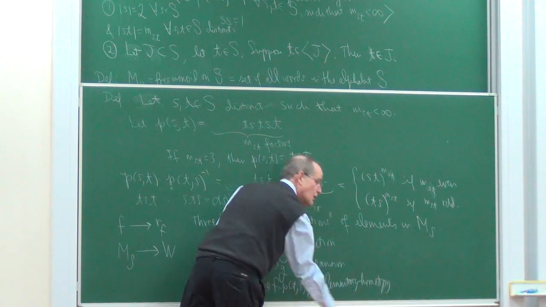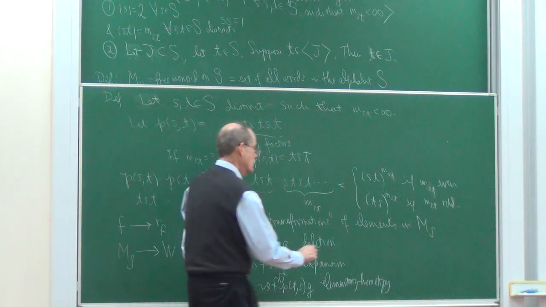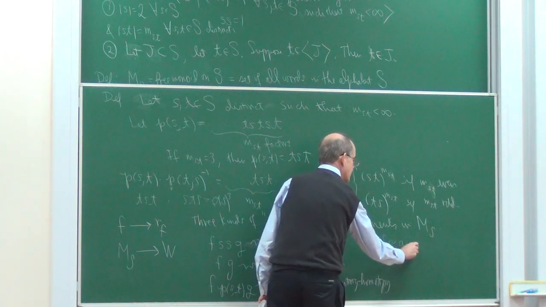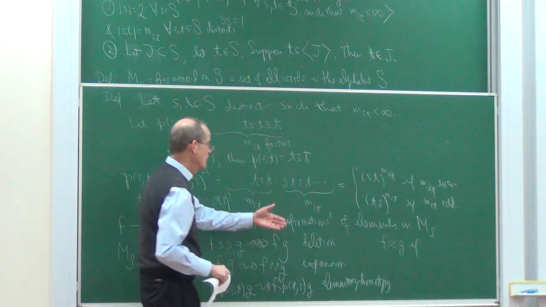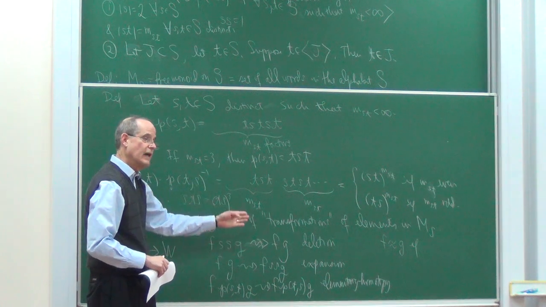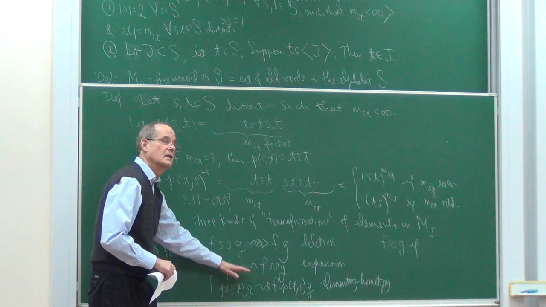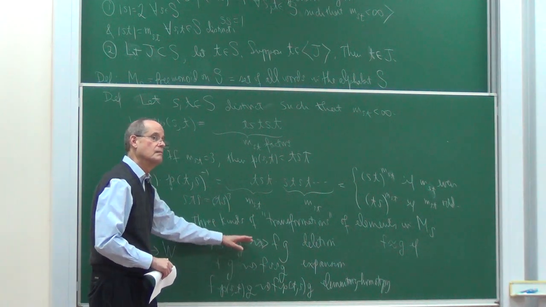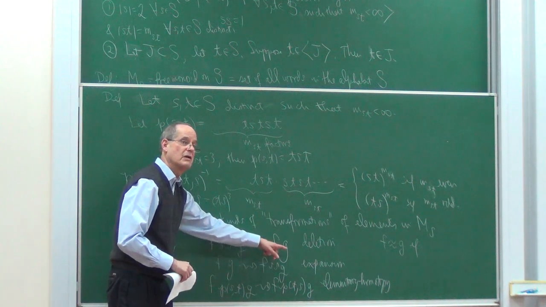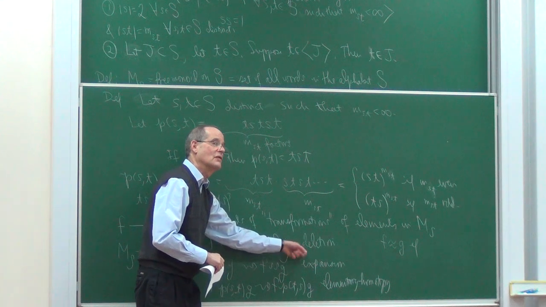And this is called an elementary homotopy. You'll see why it's called a homotopy later. And then we say that two words are equivalent. F and G are equivalent if I can start with F and obtain G by a sequence of elementary equivalences. Notice that all of these operations are invertible. If I do a deletion, I can undo it with an expansion and vice versa.